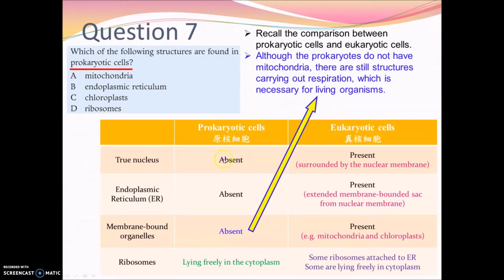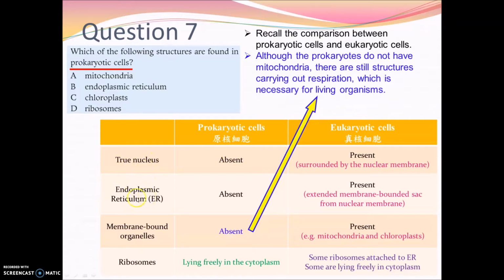For the prokaryotic cells, the true nucleus is absent. But the eukaryotic cells have a true nucleus, because we can observe the nuclear membrane surrounding the genetic material. This is the first step.